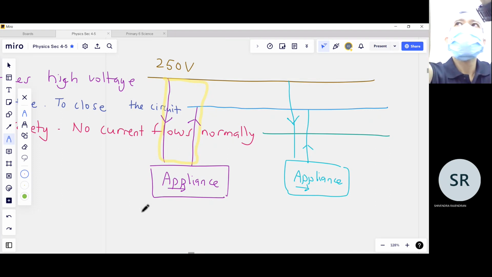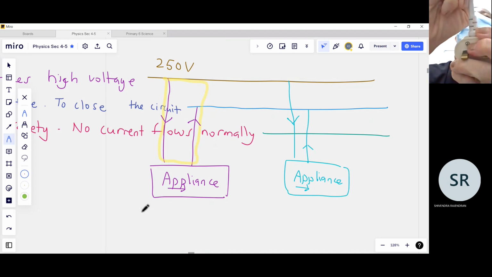That's why you don't see 2 separate wires. They are all wrapped within the outer casing. But notice there are only 2, because this one only has live and neutral. There's no earth. How come only live and neutral?